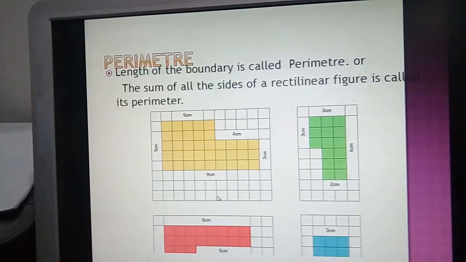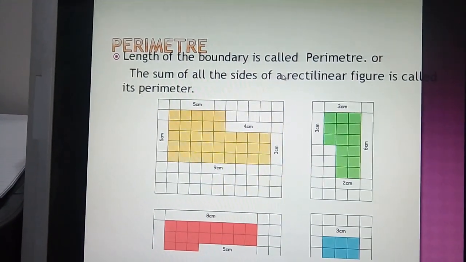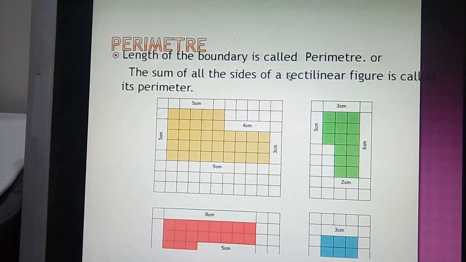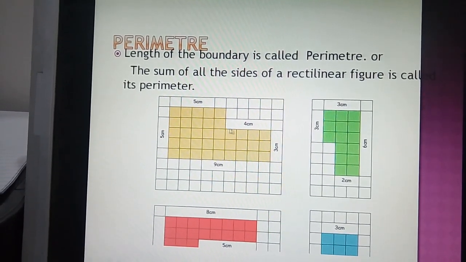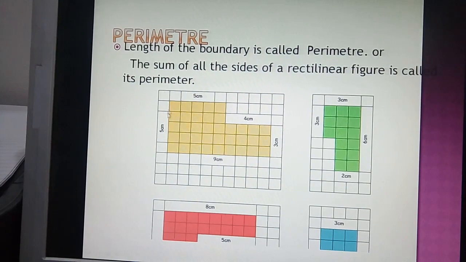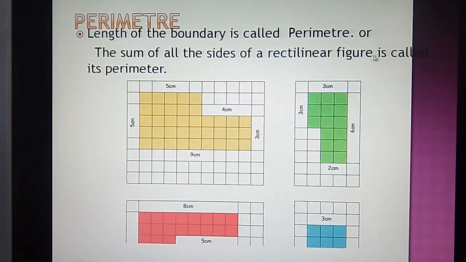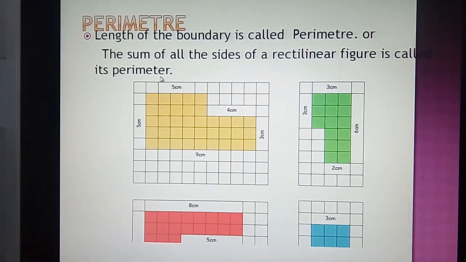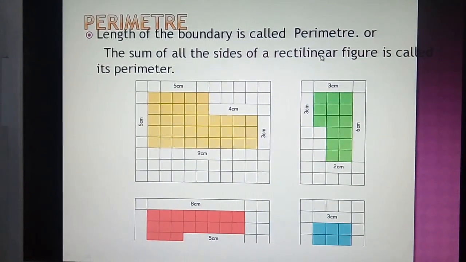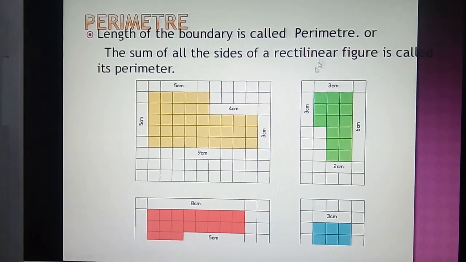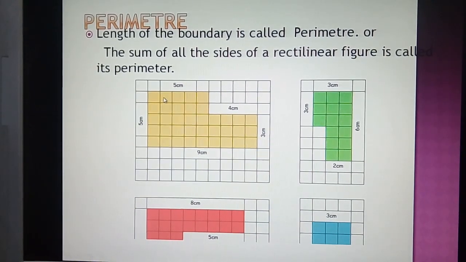Now come to perimeter. Length of the boundary is called perimeter, right? Length of the boundary, or the sum of all the sides of a rectilinear figure is called its perimeter, right? Rectilinear figures are those figures which have straight lines. Okay?